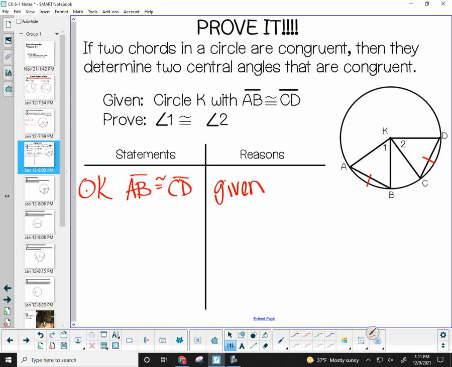All right, so there's my given. Now, we said that all the radii had to be congruent, right? The nice thing about circles with the radii is I need all 4 of those radii. I can actually just list them all in one row.